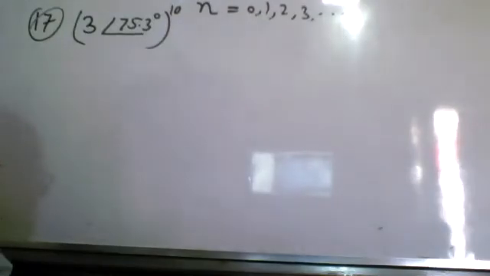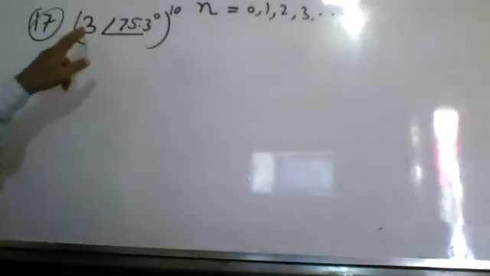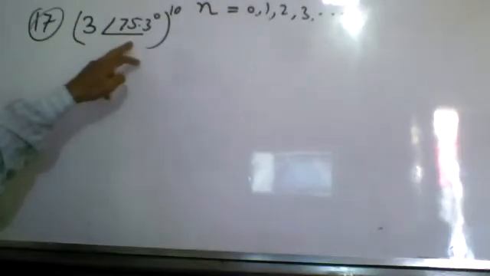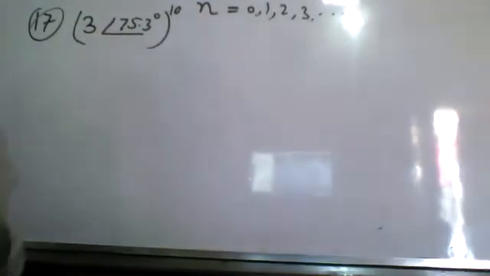So 3 is the value of R and this is the value of theta. This is mod Z, this is argument Z. When it is written in this form, this is the polar form.